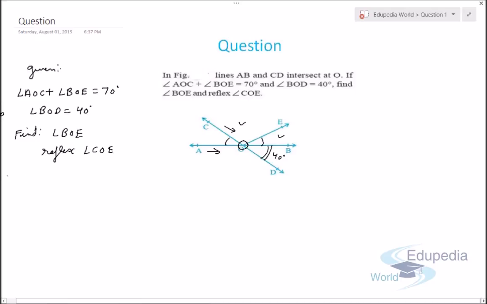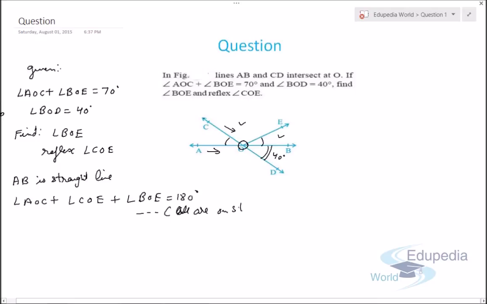Okay. See, AB is a straight line. So we can say that angle AOC plus angle COE plus angle BOE equals 180 degrees. Why? They all are on a straight line.